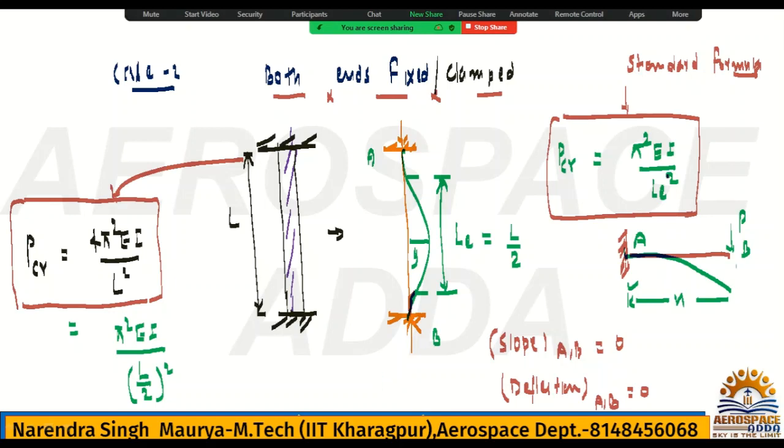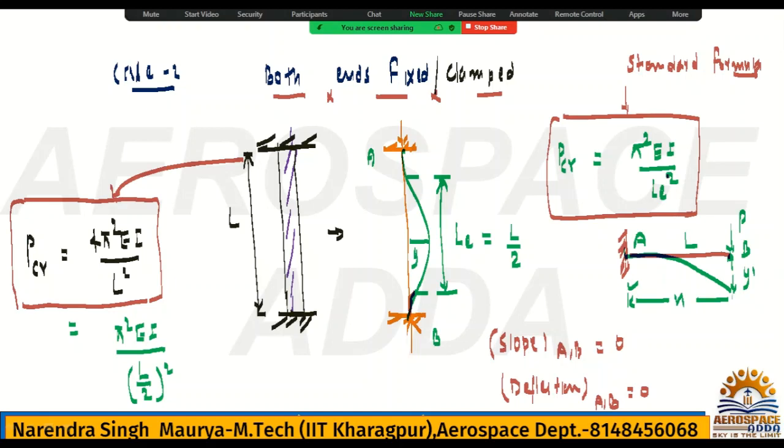At X equal to L, you are reaching point B. So at point B you will get the deflection Y, and at the same time you will get the slope also. But the condition is, where deflection is maximum, slope will also be 0, if you are talking about the maximum deflection.